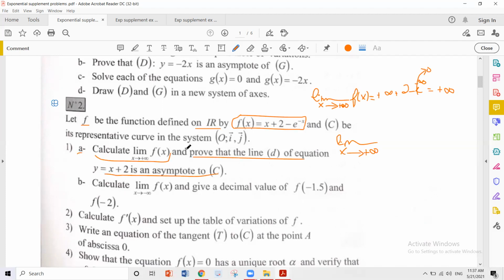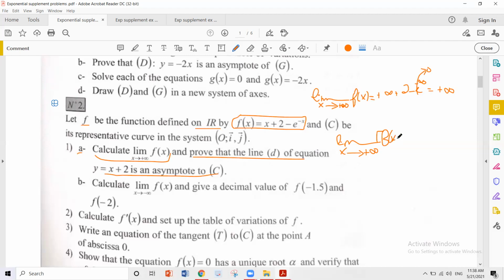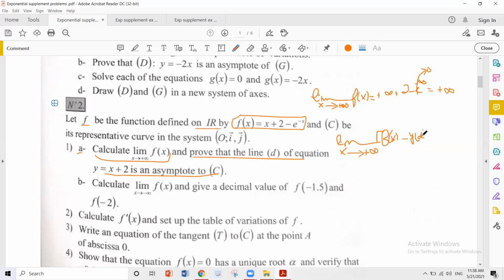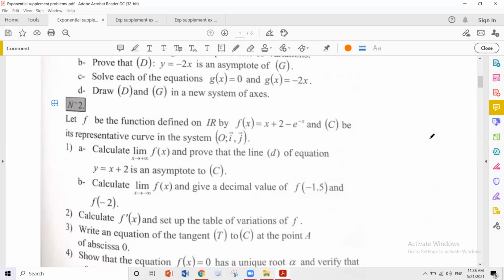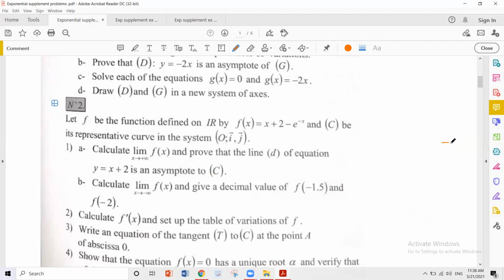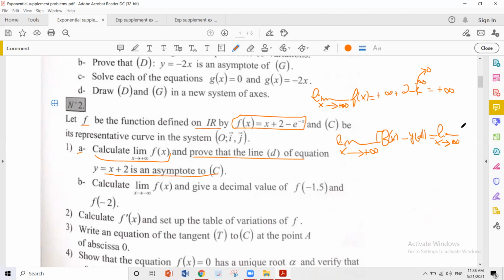Because in the same question, calculate limit as x tends to plus infinity and prove the line D. Then f(x) minus y_D equals, if we subtract them, we get the limit as x tends to plus infinity of minus e to the power minus x equals 0.